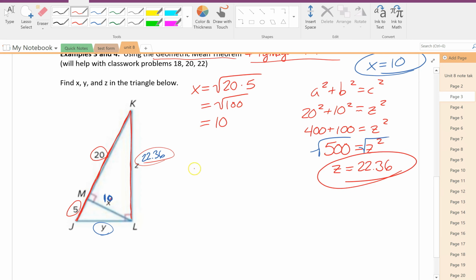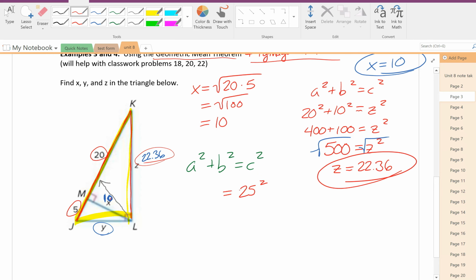Again, a squared plus b squared equals c squared. Which side is going to be c here? Well, if I'm looking at the big triangle, which I am, the right angle is down here at L, and the side that's across from L is the side that I know is 25 units long. So c in this case is going to be 25.